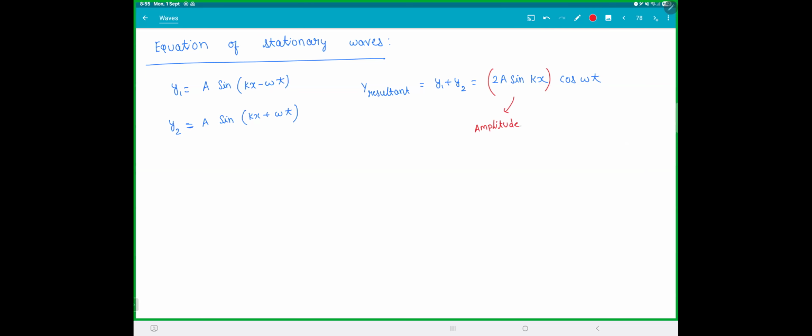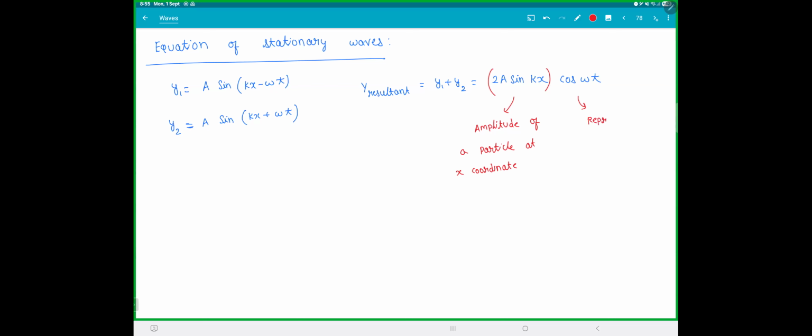End of the day, no matter what wave and all you talk about, it is always about an SHM for us. This is an amplitude of a particle at a coordinate x. And this cos omega t represents SHM of a particle.